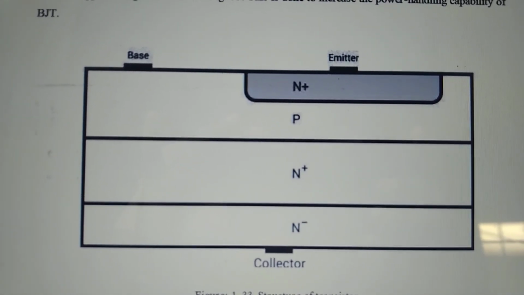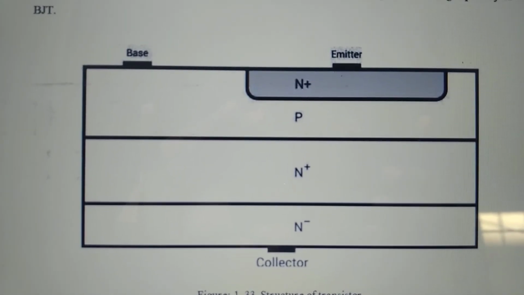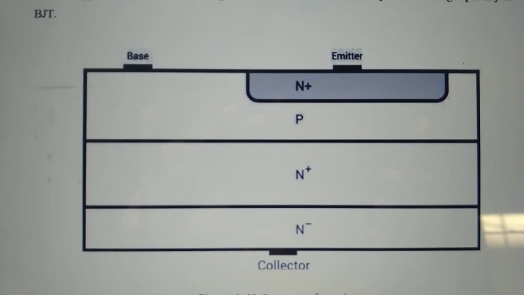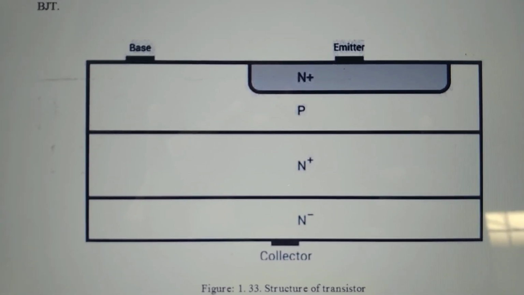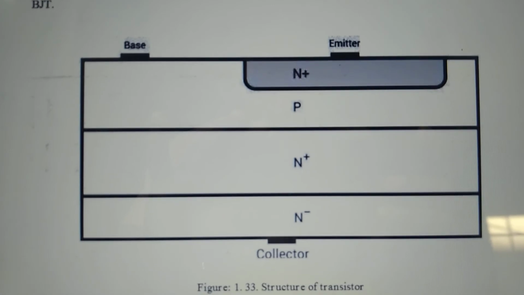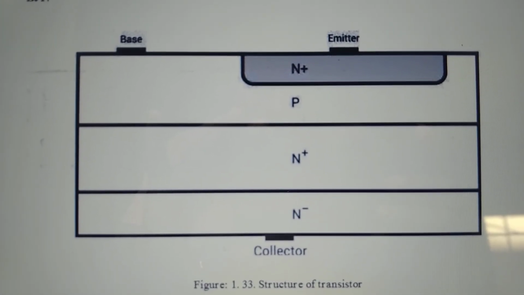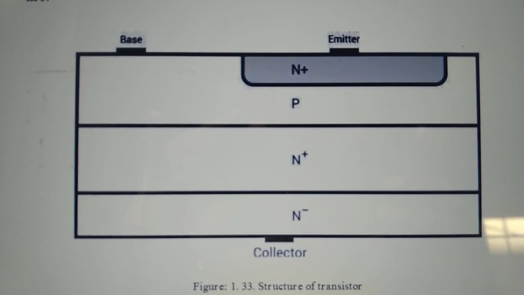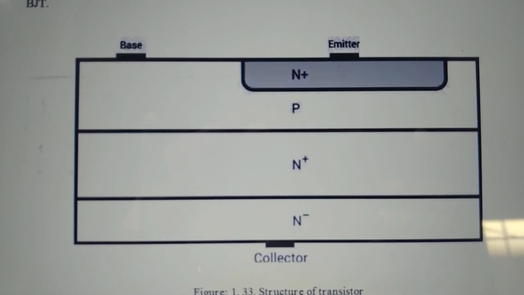This N minus region is called drift region. In this drift region, the electrons are trying to drift into some other regions. Generally, N plus indicating the high doping, N minus indicating the low doping. Like that, the doping levels are different.